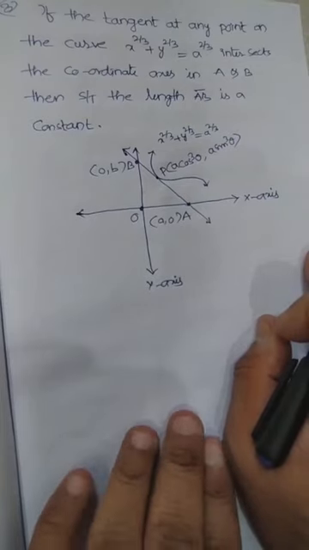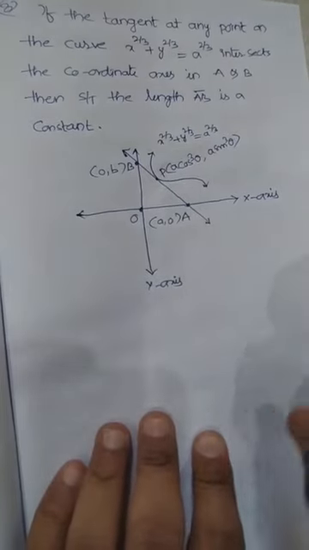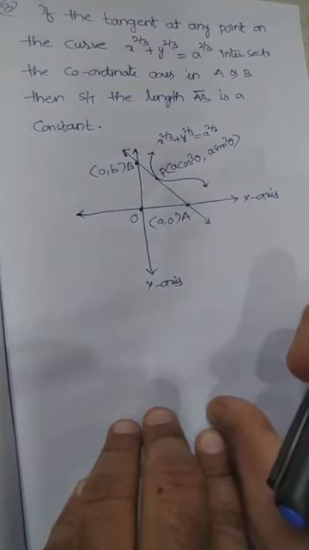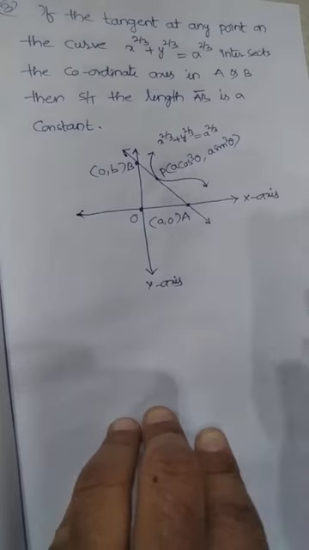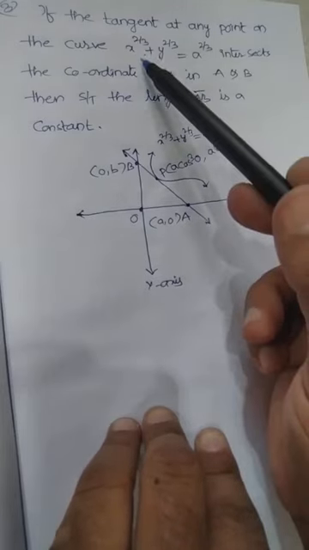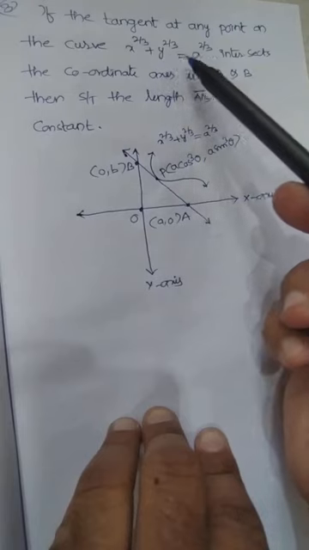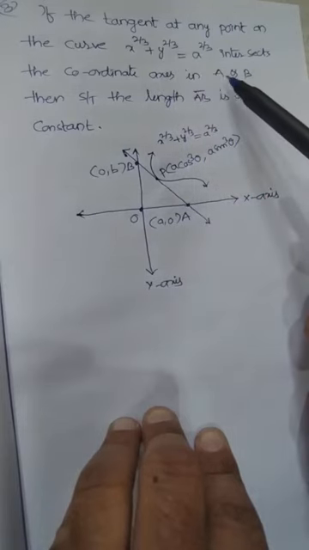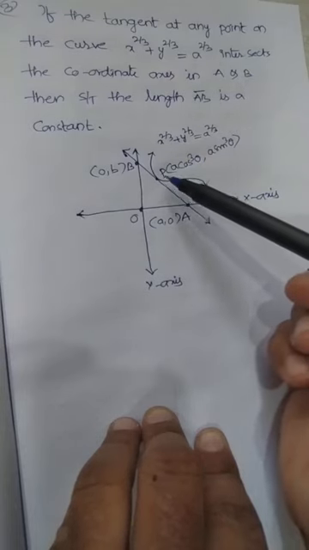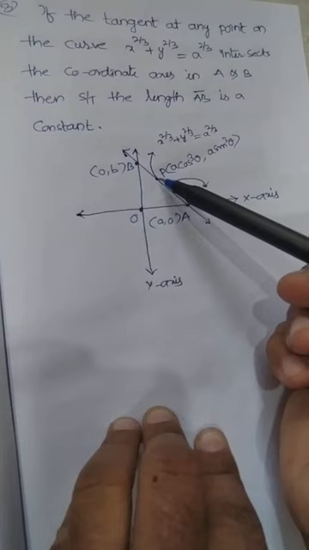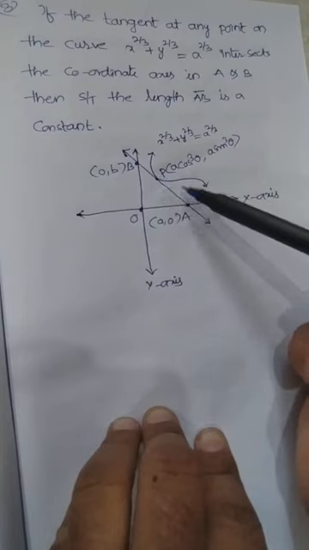Had you observed the difference with the previous problem? In yesterday's class we learned something similar. The curve is different here compared with the previous problem. There the tangent was also intersecting the coordinate axes at A and B, and we discussed the ratio PA to PB.